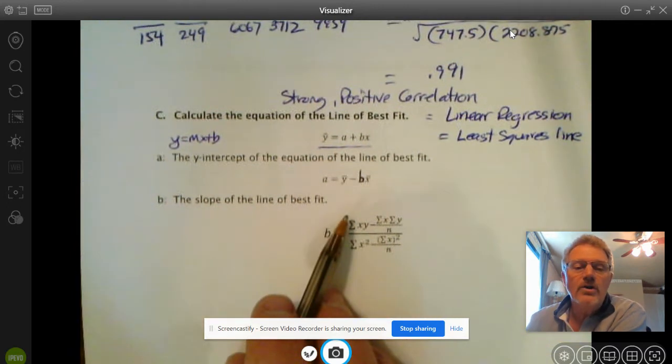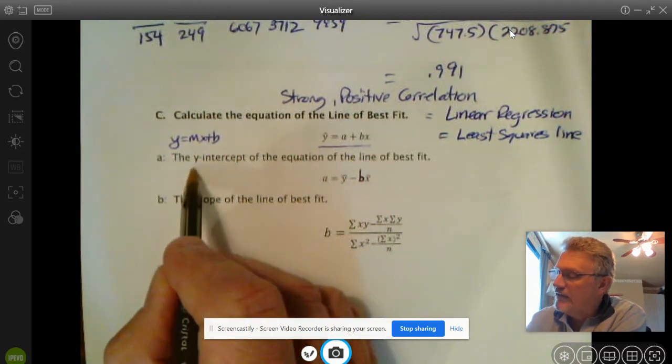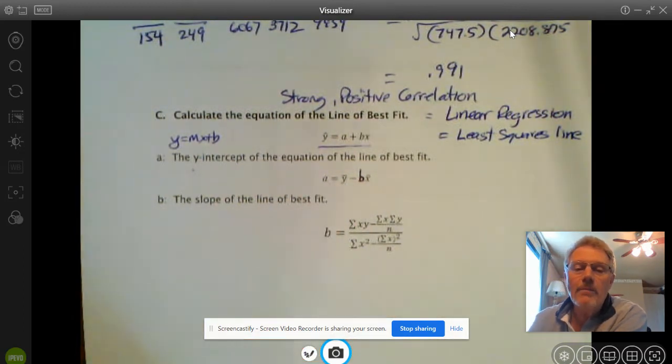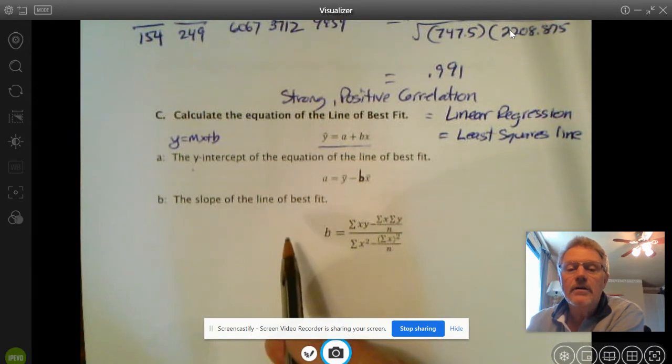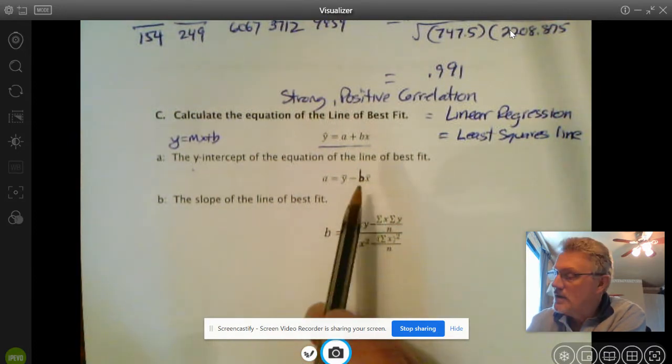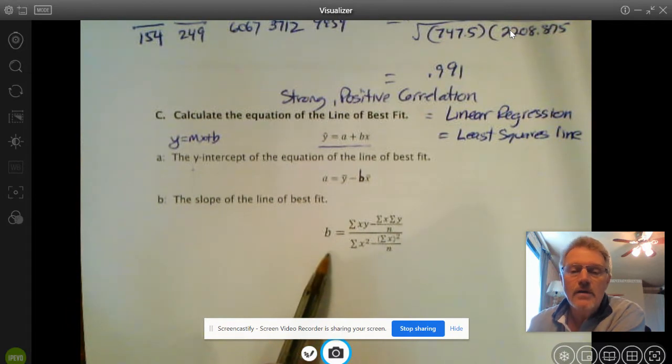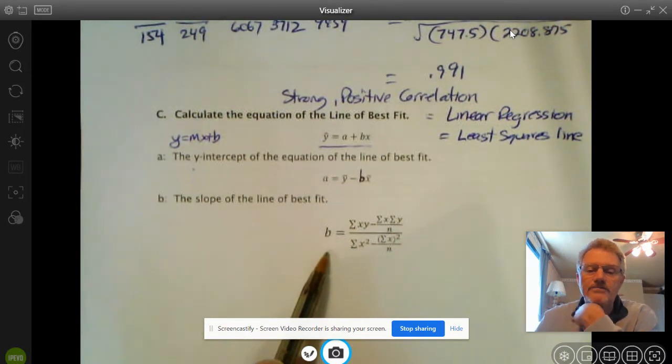So when you're finding the y-intercept, the formula is a equals y bar minus b times x bar. So to find a, you need b first, so we always use b first. Taking a look at this equation, it's very similar to what we used in R, except it doesn't include everything.